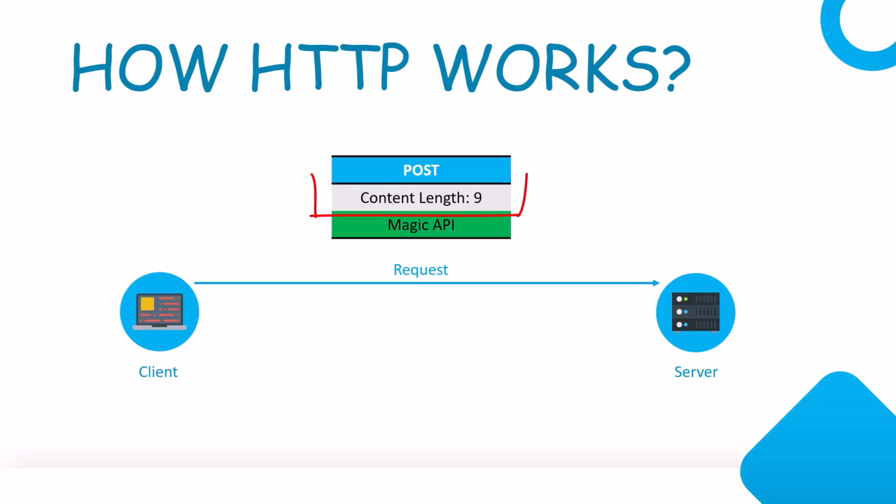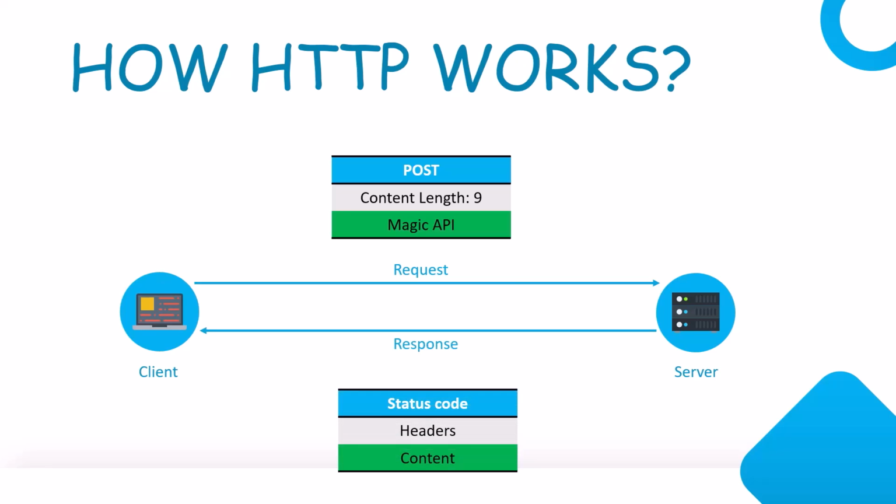Inside the header, we might have information about the content length, that the content here will be 9 bytes. And finally, we are sending "magic API" as the content. Let's say that is a string that we want to create. So all the data will be inside the content. Now this is just an example, but it gives you a brief idea of what will be in the text document.